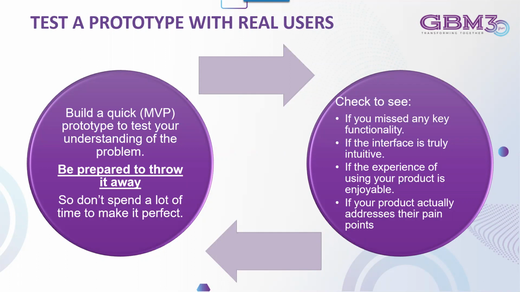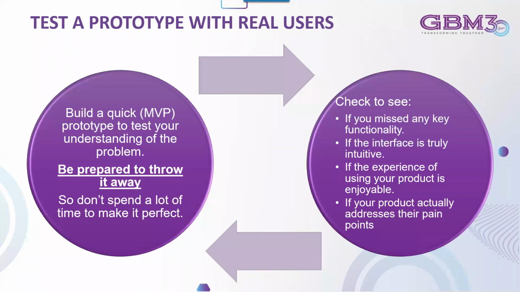These are the things to check. Did you miss any key functionality? You put these 6 bullets up and say, this is what we got from the earlier session in requirements, but the guy says, yeah, but we really have a pain in this area on A, B, and C as well. If you're doing storyboarding, is the flow intuitive?